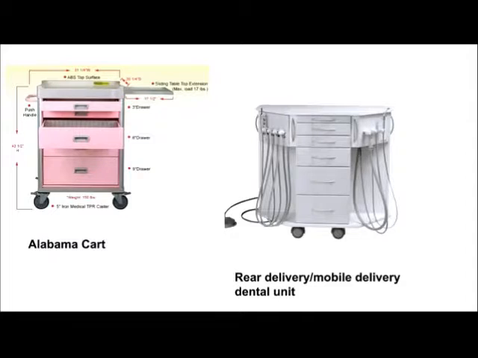We put barriers in it so that we can easily reach and grab those during treatment. Sometimes there are actual dental units that are rear delivery, and they might live in the static zone too, from 12 to 2. Your suction might be back there as well as the handpieces for the doctor.